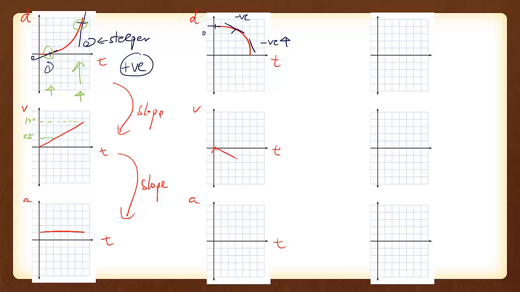So it will probably be something like this: a straight line going negative, and more negative here. If you look at the slope for this one, again it is a constant slope, but this time it's going downhill, so it is negative. So in the AT graph it would be a constant negative value here. Don't forget the origin is always 0 here.